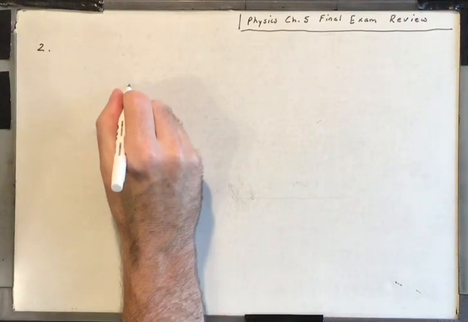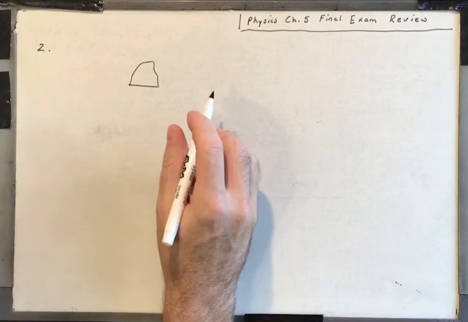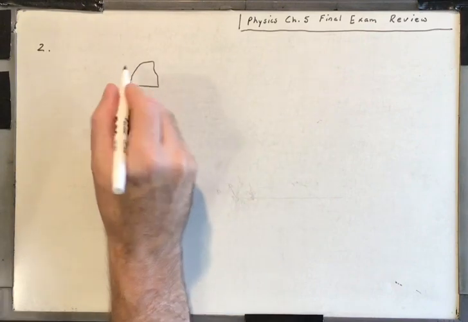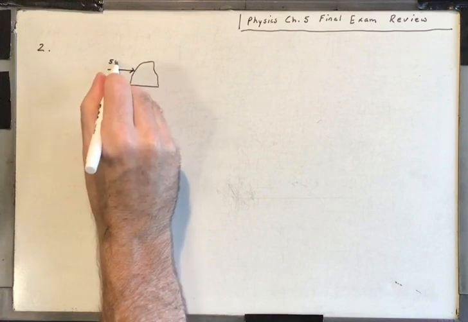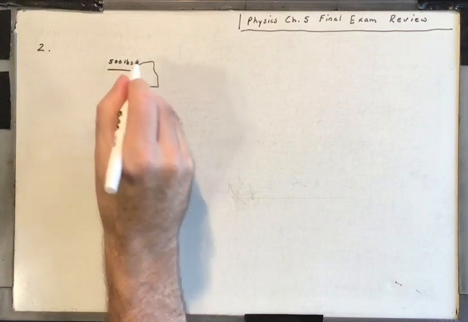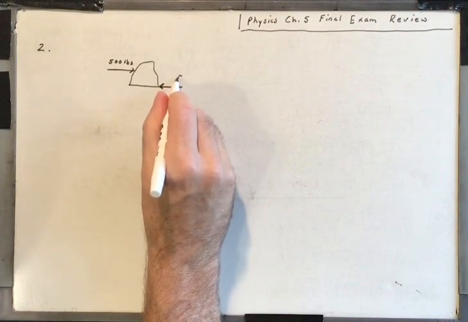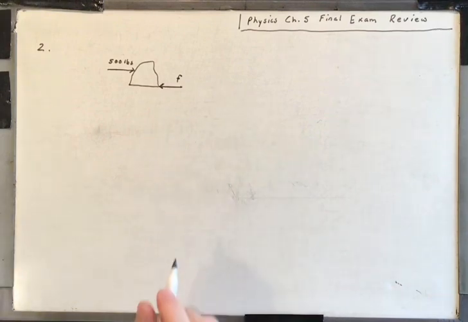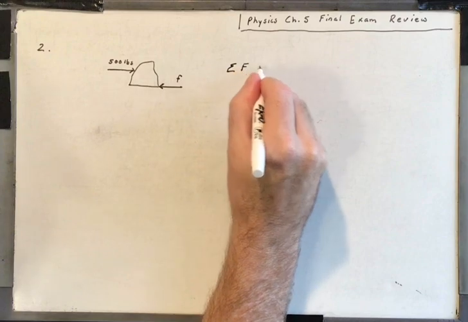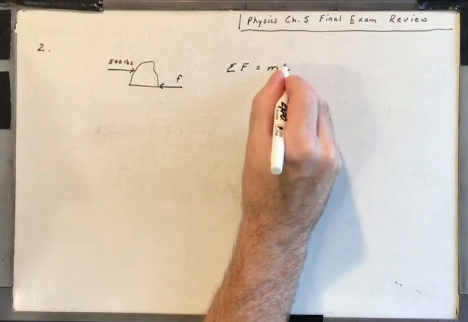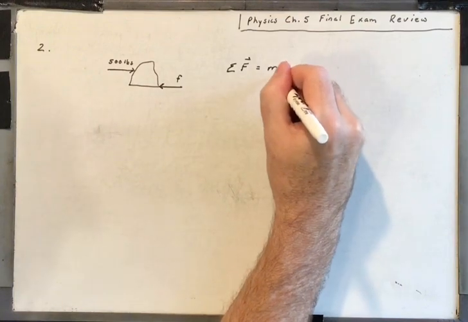All right, so let's just draw a mass. It takes 500 pounds to get it moving. We know that friction will oppose us. Okay, so just to get it moving, we know that the sum of all the forces is equal to mass times acceleration, but just to get it moving means there is no acceleration yet.